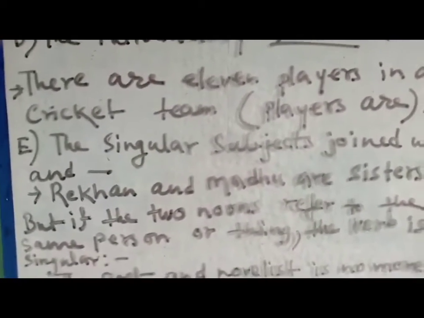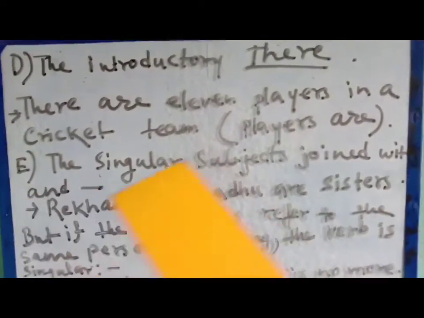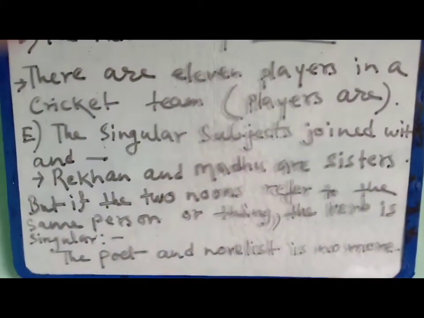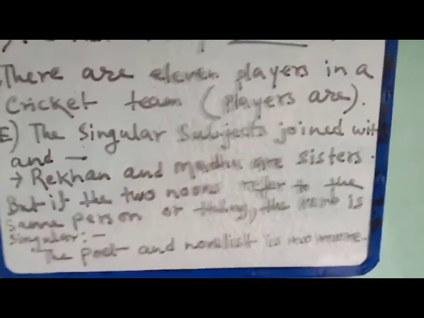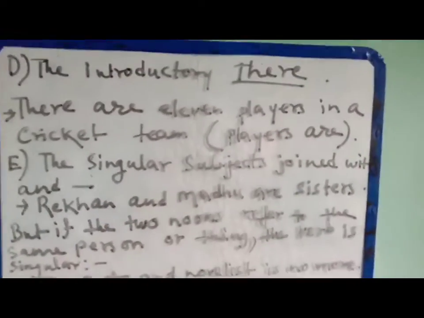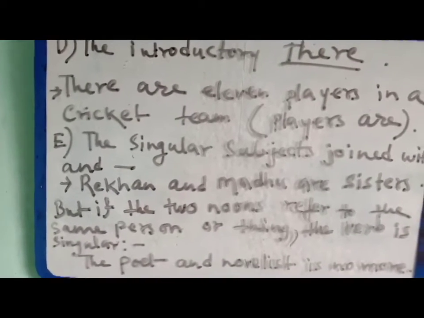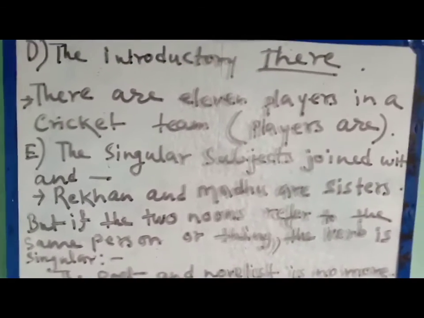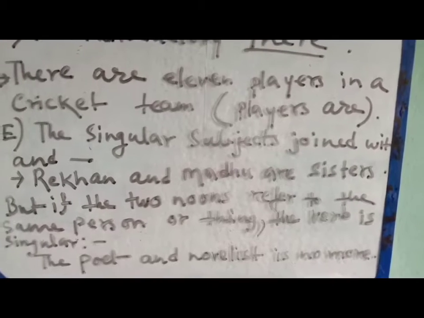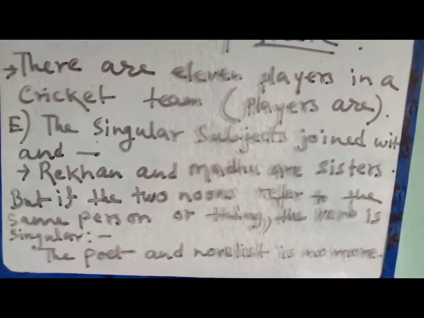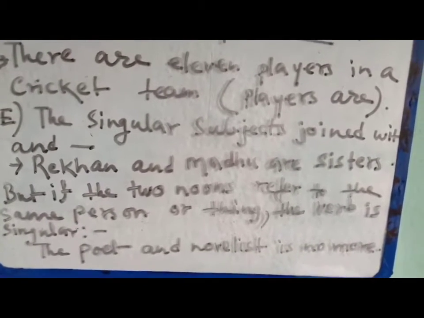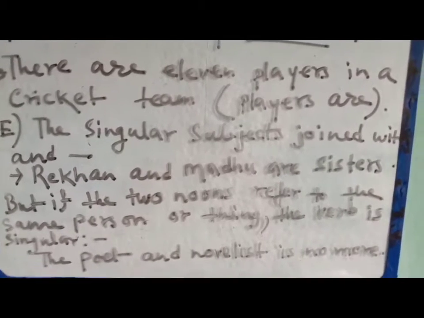Now number E. The singular subjects joined with "and". What is the meaning of that? If the subject consists of two or more singular nouns or pronouns joined with "and", it takes a plural verb.